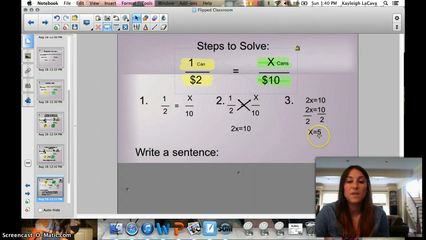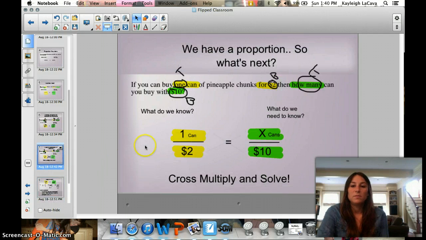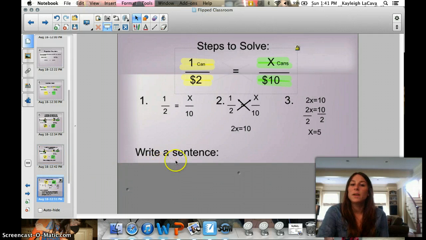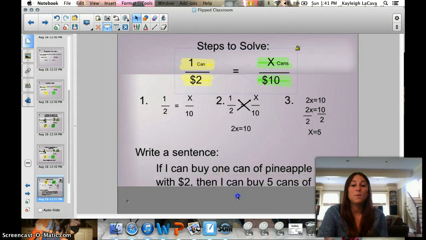So x equals 5. But x equals 5 what? If we go back to the previous slide, we have it labeled X cans, right? So on this one, we need to write a sentence to solve our question. And our question was, if I can buy 1 can of pineapple for $2, how many cans can I buy with $10? We need to write a complete full sentence with this information.